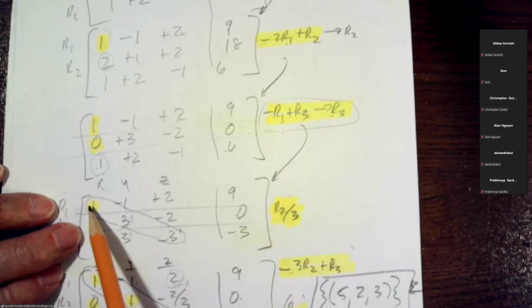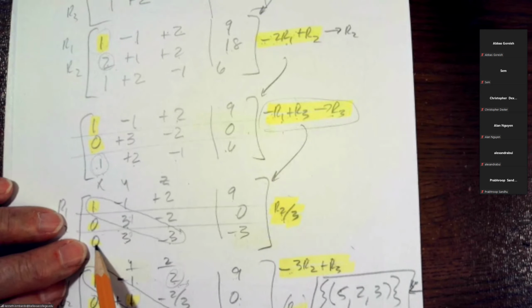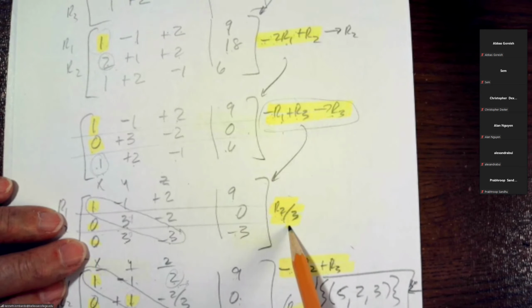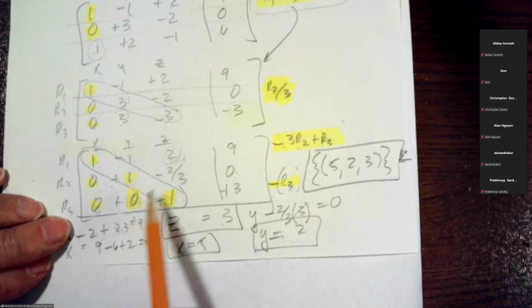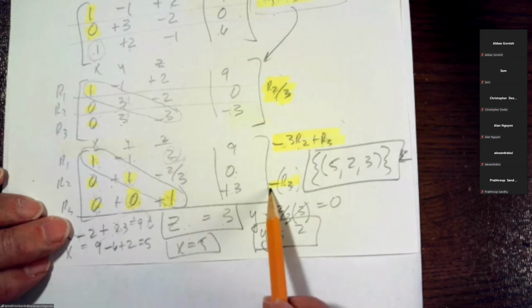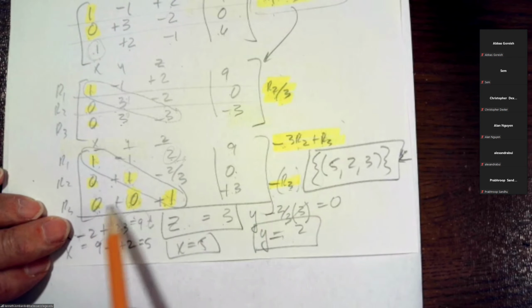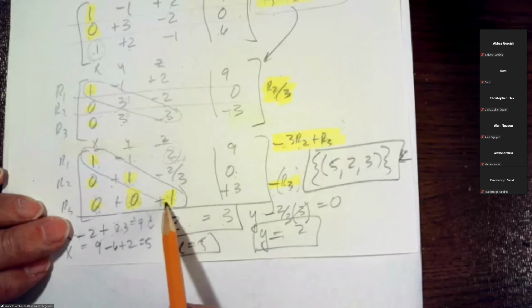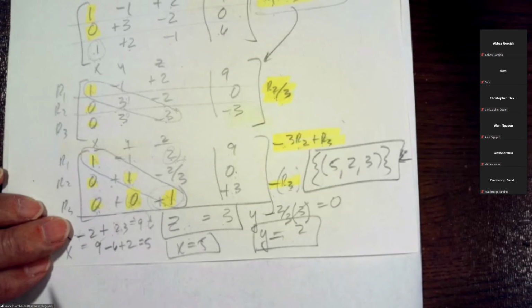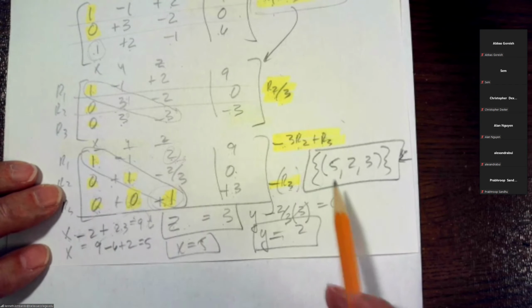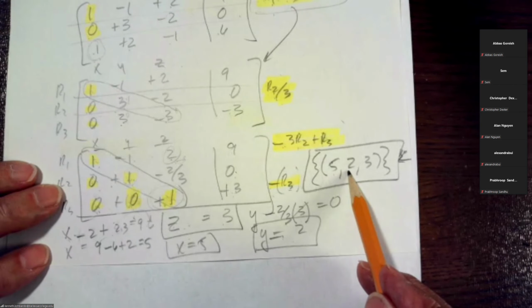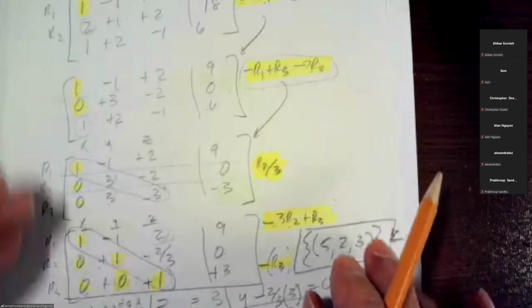So now row 3 is 0 in the x location. And then divide row 2 by 3. Take -3 times row 2 and add it to row 3. We're down to here. And then divide row 3, or -1 times row 3, and we get 0, 0, 1, and 3 because we want this to be positive. Okay, then just solve for z, substitute back in, solve for y, substitute back in and solve for x. So we get x is 5, y is 2, z is 3.